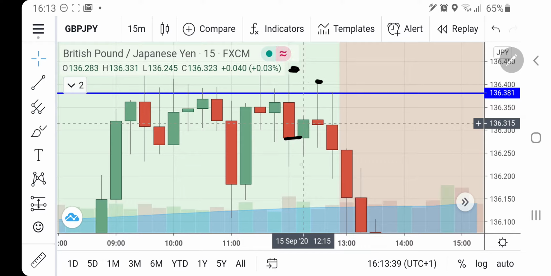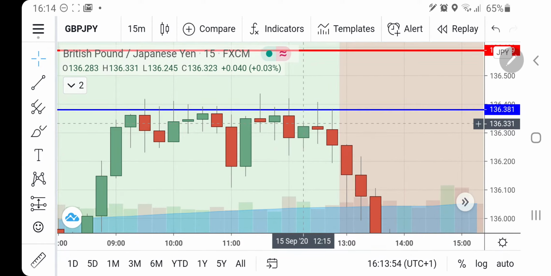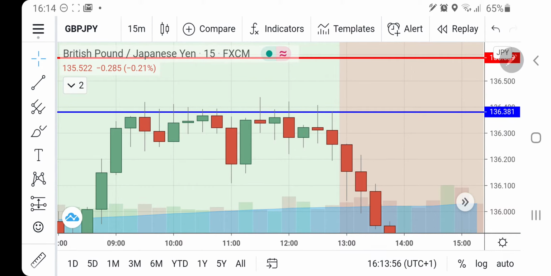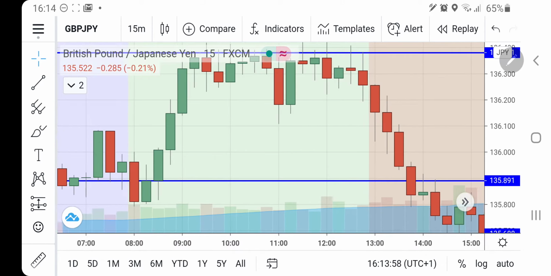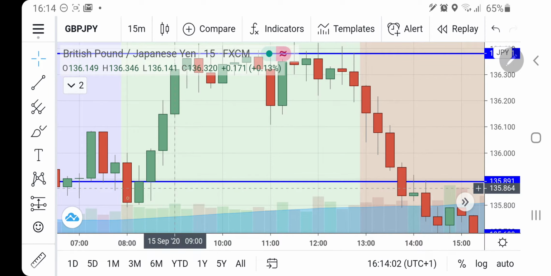So I took my first target in this zone, and my second target was huge on this one. Let me see, 15 minutes. My second target was here, so it was a very big trade.